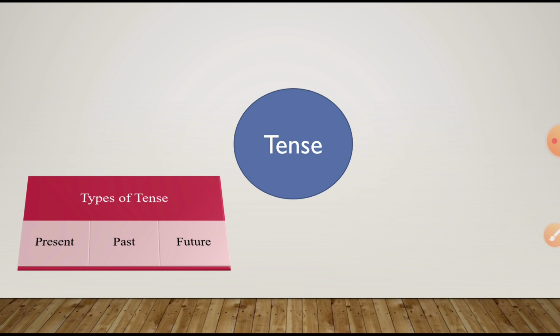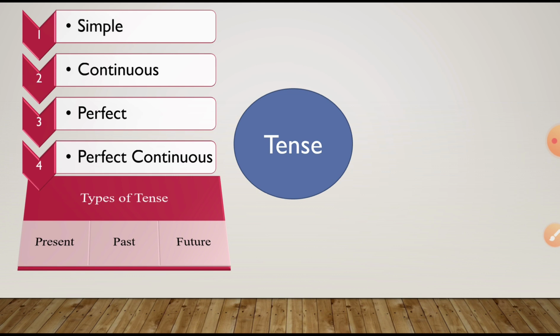Each tense has 4 subkinds: simple, continuous, perfect, perfect continuous. See, each of these tenses has 4 subtypes. It means there are a total of 12 tenses in the English language.